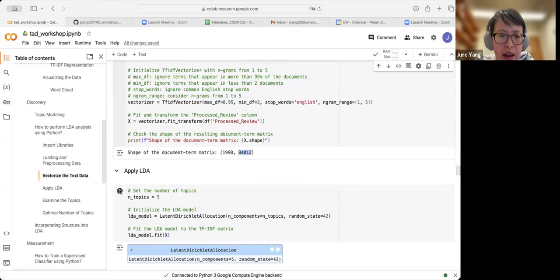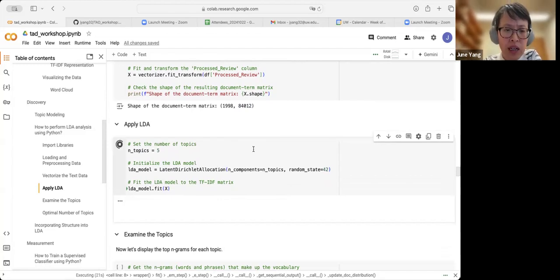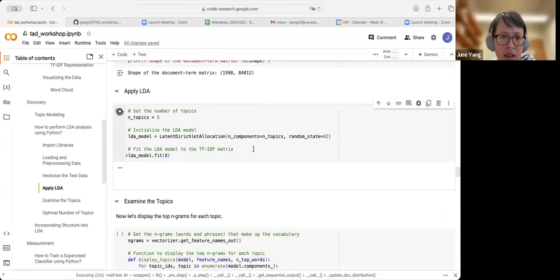And then we can apply the LDA topic model by running this LDA function, which is also imported from the scikit-learn package. LDA is also readily implemented in R, so if you're an R user, feel free to check out the LDA package. Here I set the number of topics as 5, just as an initial starting point, right?